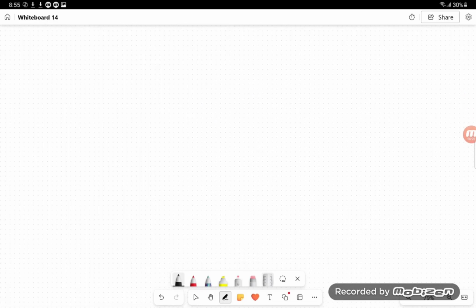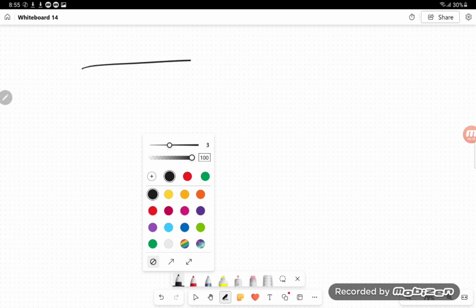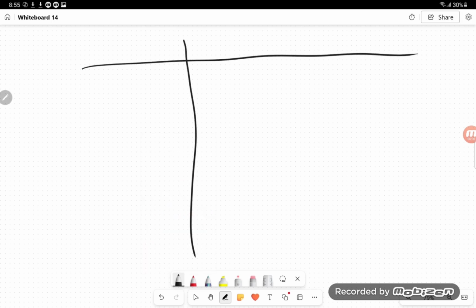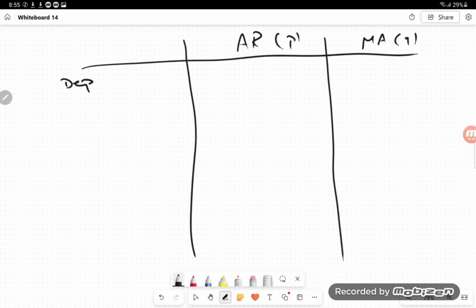If you are going to compare AR and MA, AR depends on the value of x, while MA depends on the value of error.